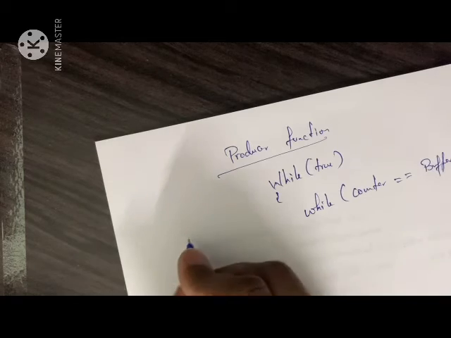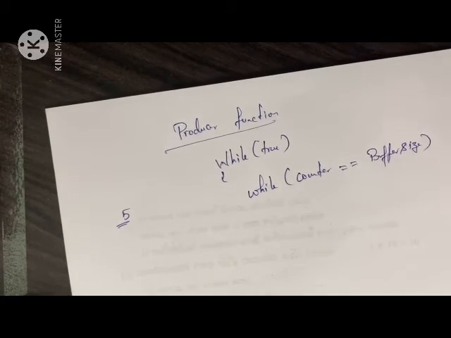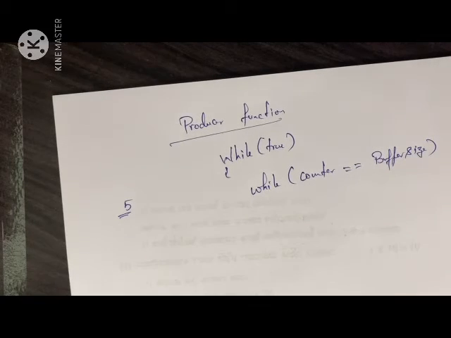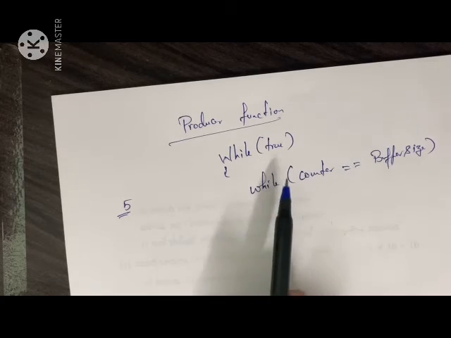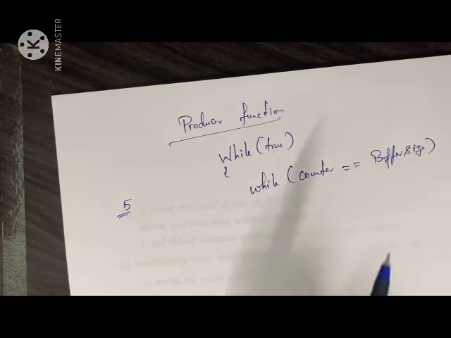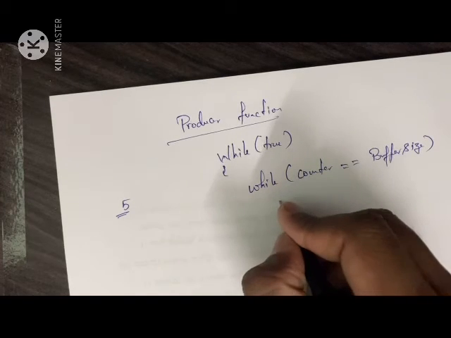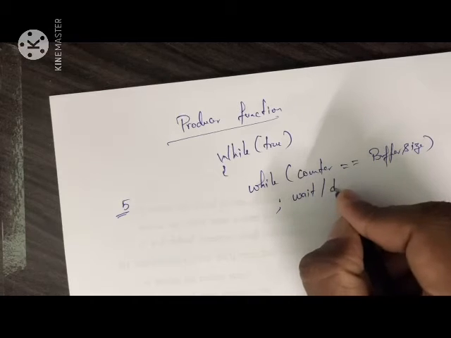As we discussed, the example buffer size is 5, so I can store only 5 elements. So in the producer function, while counter equals buffer size, we will wait, or do nothing.